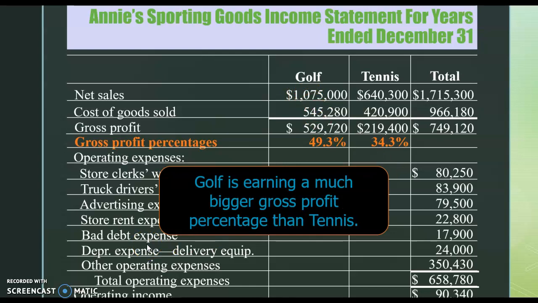It could be a variety of reasons, but it could also be that the tennis department manager is not managing this inventory as well as the golf department manager, because you would want to see the percentages to be more similar.